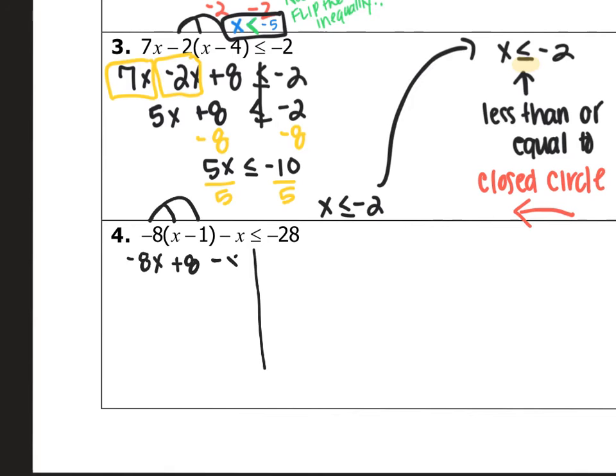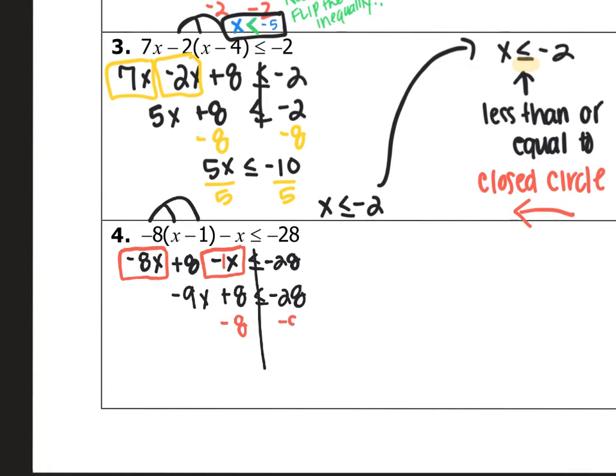Bring down the negative x, less than or equal to -28. I'm going to combine like terms, so I can combine this -8x with this -1x. -8 minus 1 is -9x. Bring down this +8 is less than or equal to -28.